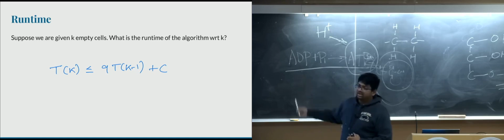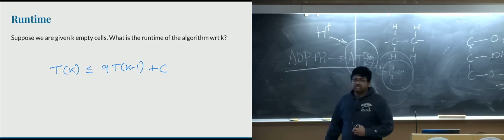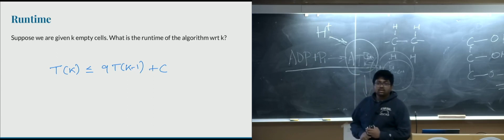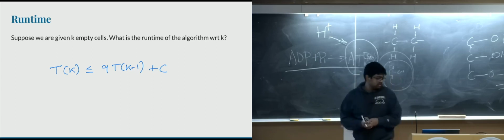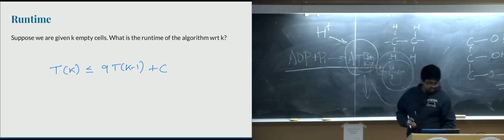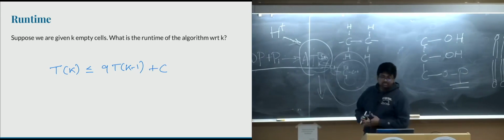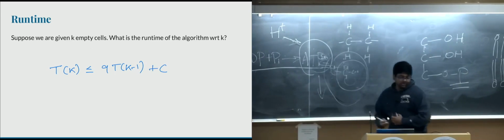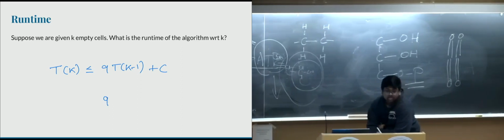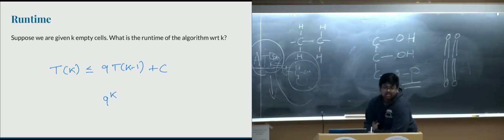If it was 1, then it would have been linear. Sorry, what did you say? 9? Yeah, that's about right. Almost, yeah.